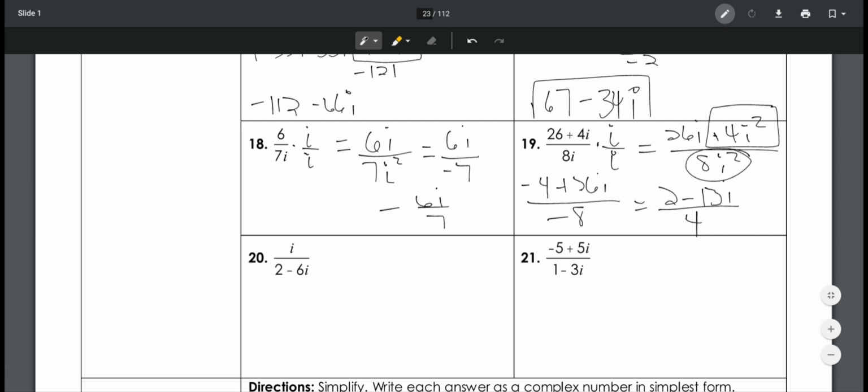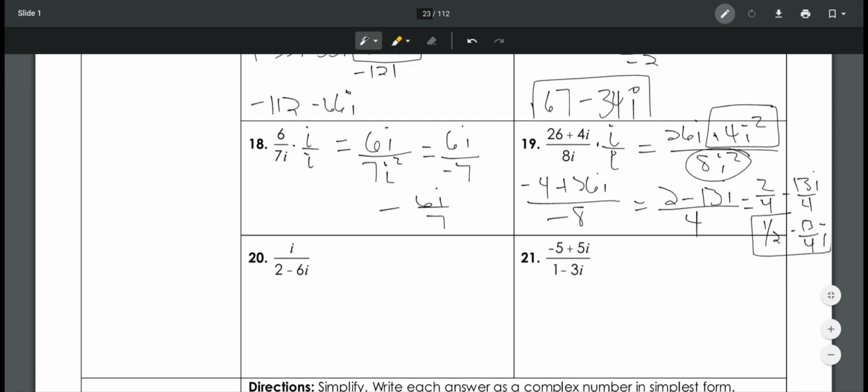Now, some professors will take that answer, and some will want it broken down further, because 2 minus 13i over 4 is not in proper a plus bi format. To take that one step further, we separate 2 over 4, which will reduce, minus 13i over 4. So in a true a plus bi format, we would have 1/2 minus 13 over 4i.